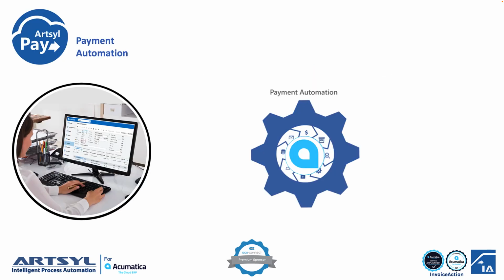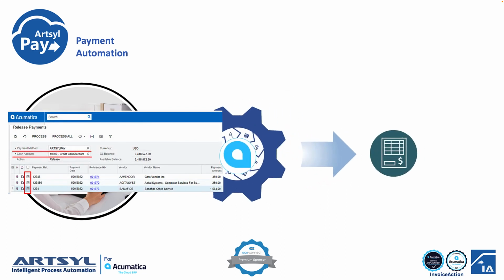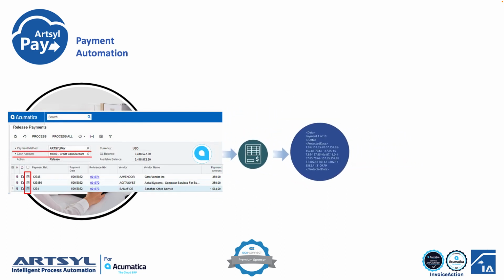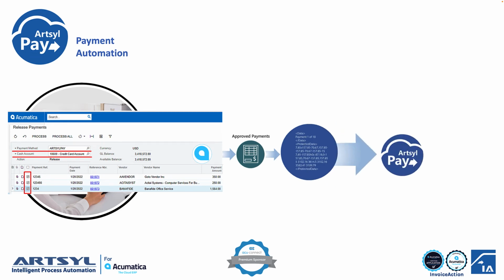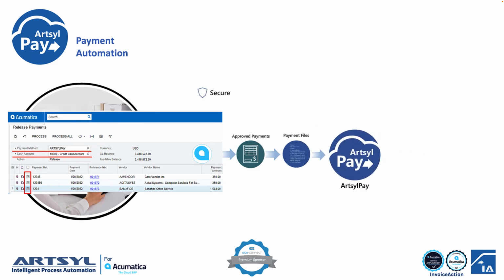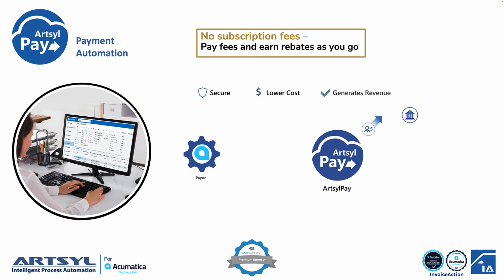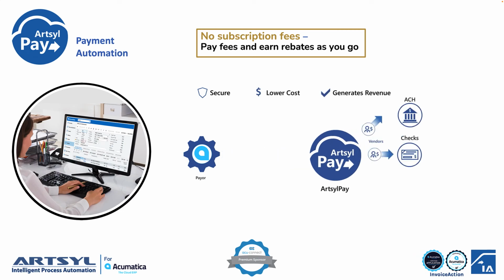Here is a quick overview of the process. Participating vendors of ArtsylPay and their profiles are fully integrated with Acumatica, which makes it easy to select invoices for payments, which will be processed as a payment data file and exported to ArtsylPay, all from within Acumatica. Once received, ArtsylPay will issue payments to vendors based on their preferred method of payment.